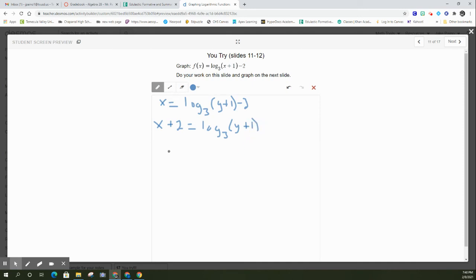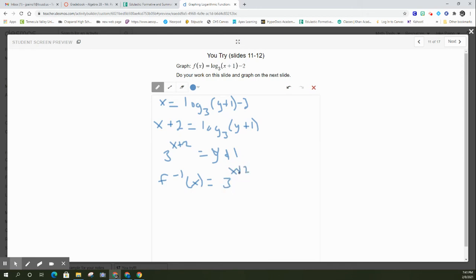Now I can rewrite it: 3 to the x plus 2 equals y plus 1. And last step is subtract 1. So I'm going to get the inverse of f of x equals 3 to the x plus 2, minus 1.